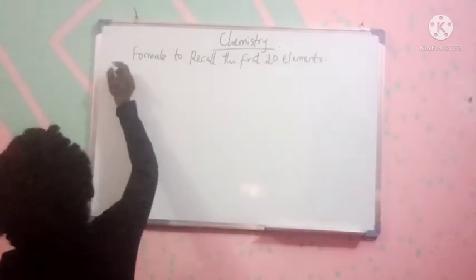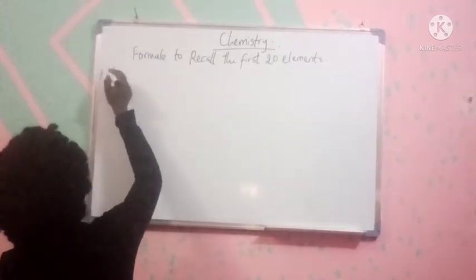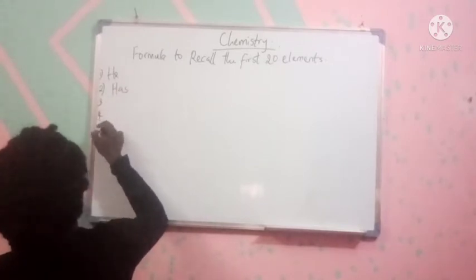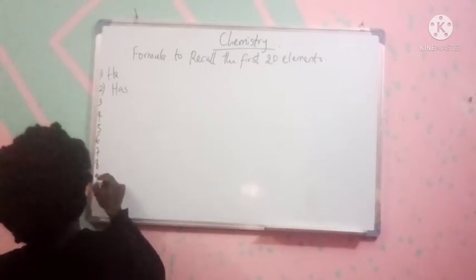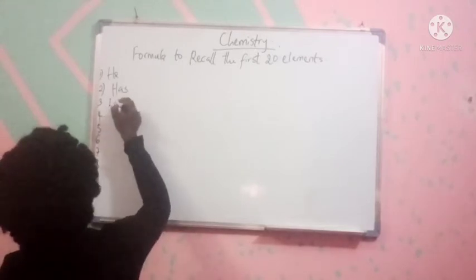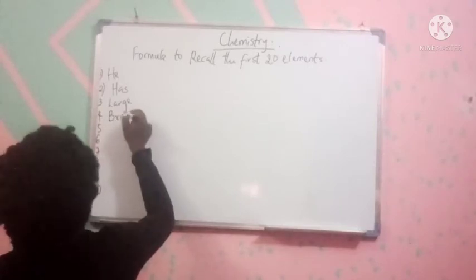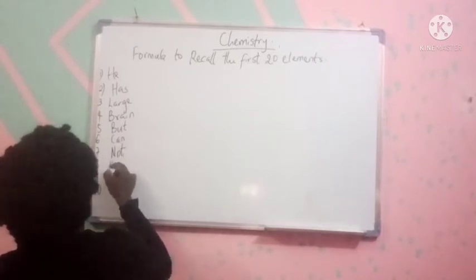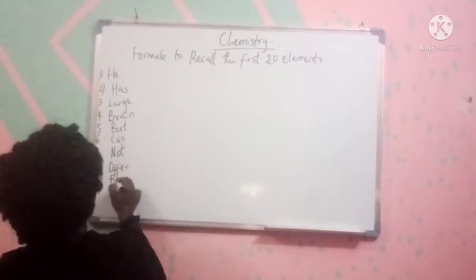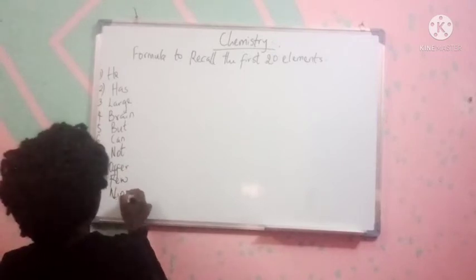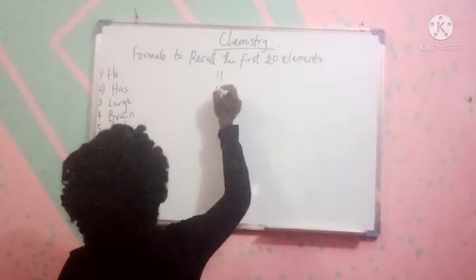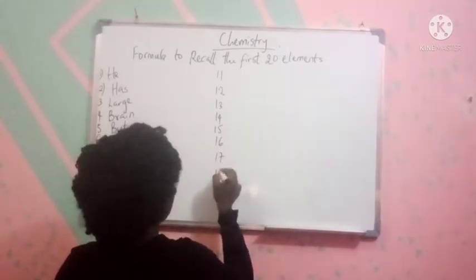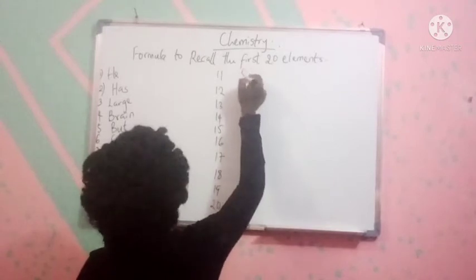So the formula is: E has large brain but cannot offer few 9 subjects.